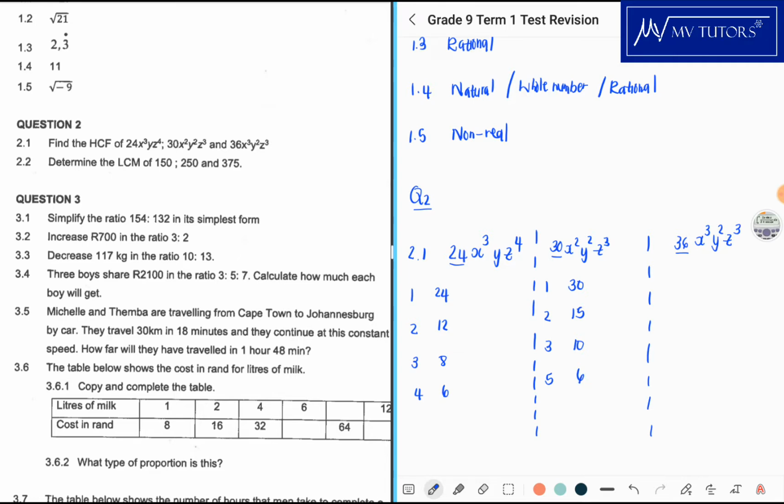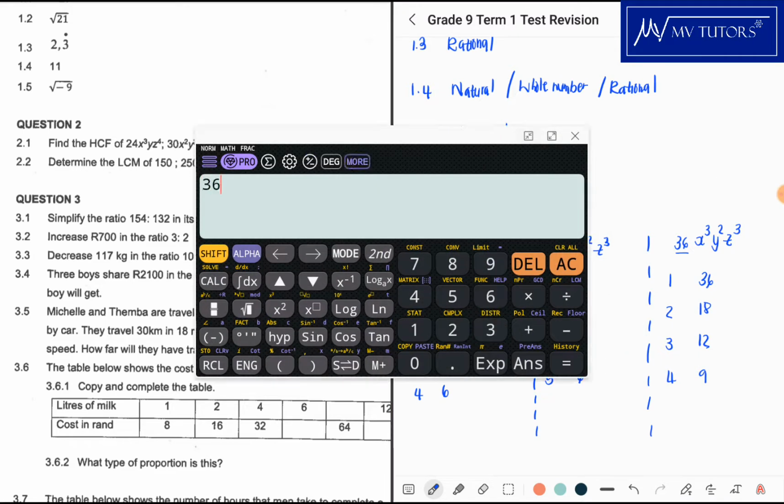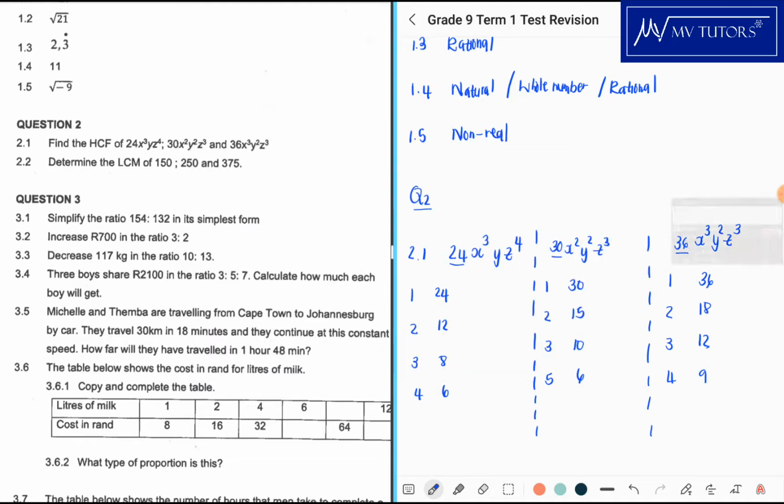So that's it. And then with 36, we have 1 and 36, 2 and 18, 3 and 12, 4 and 9, I believe we can always check. Yes. 5, no, 6 and 6, and that's pretty much it.